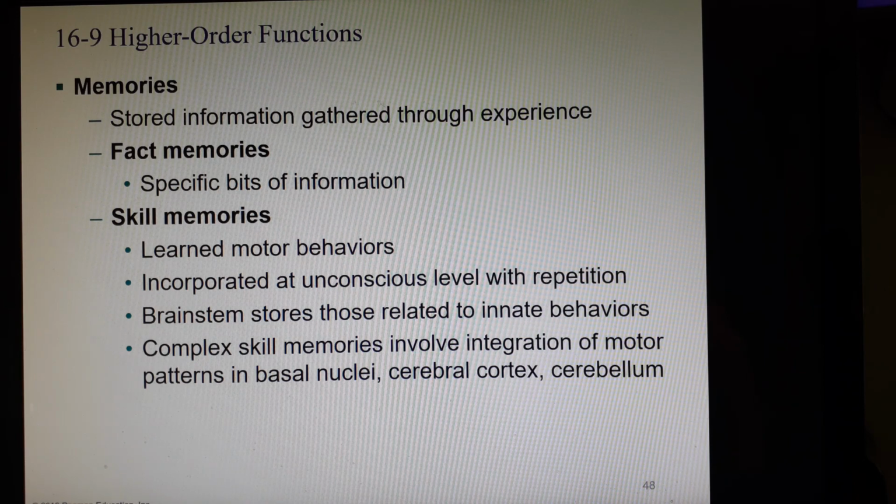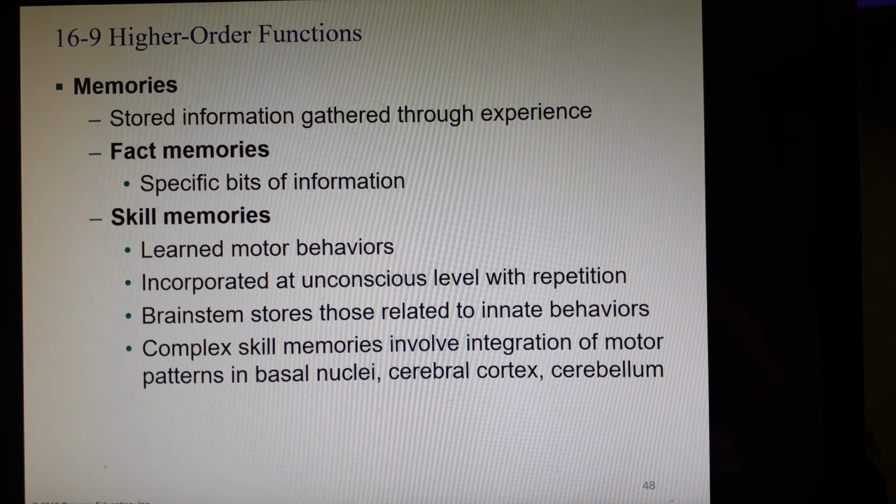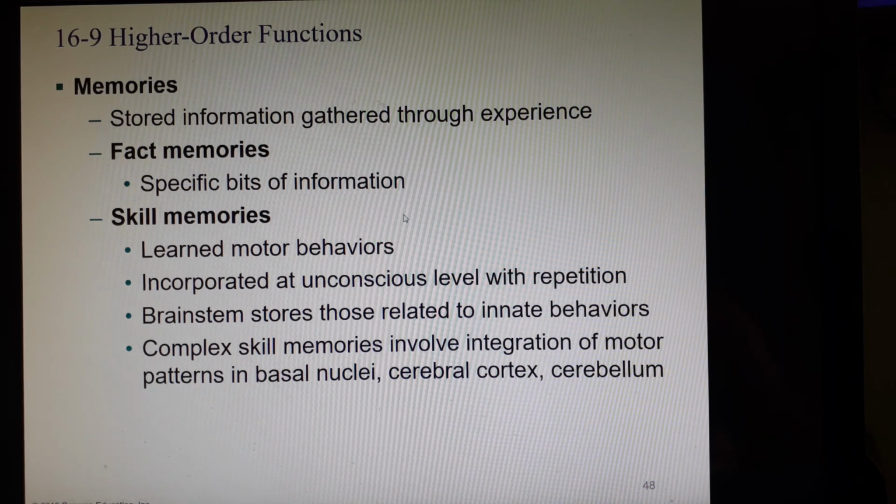Skill memories are motor behaviors, things like riding a bike, walking and running and all those things that your body learns to do and learns the patterns of and can do without having to think about it. So you incorporate it at an unconscious level after you master the skill. Most skill memories are stored in the brainstem and in the cerebellum. Fact memories are stored in the cortex of the cerebrum.